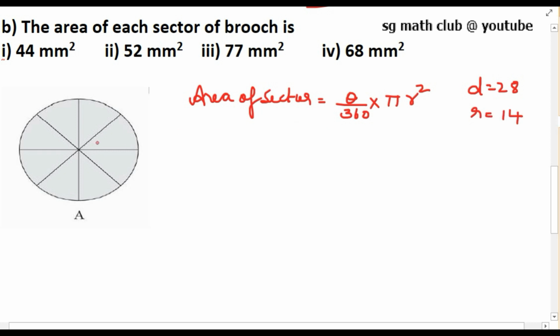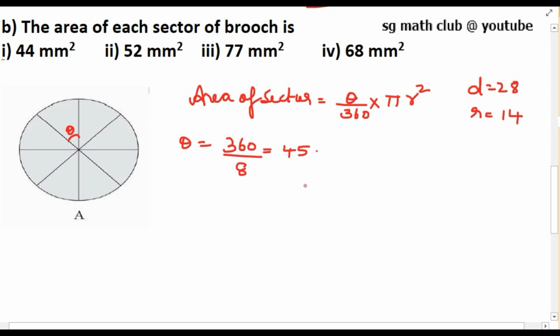Now our aim is to find theta. This will be the theta; we need to find the area of one sector. Since the full circle is divided into 8 parts, theta will be 360 divided by 8, which is equal to 45 degree.